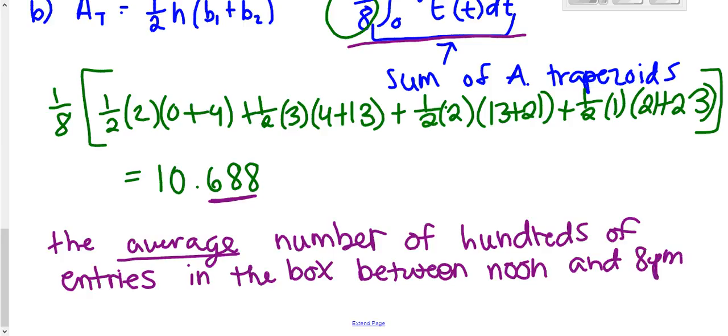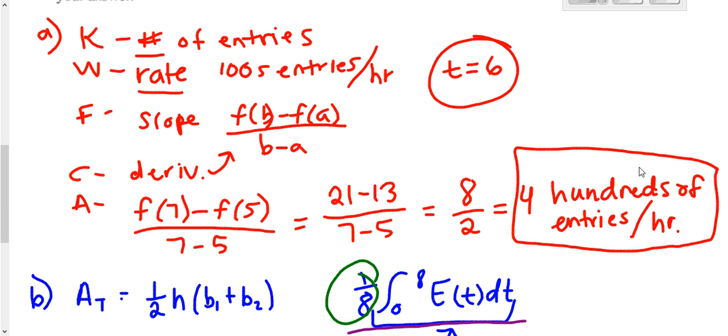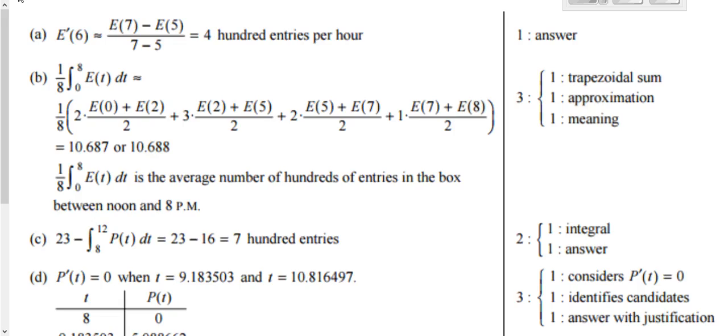So let's check these first two against the rubric. Our first part, we ended up with 400 entries per hour. When we go over here and look at the rubric, so here's part A up here. It says E prime of 6 is approximately equal to E of 7 minus E of 5 over 7 minus 5. And for part A, you just get one point for your answer.